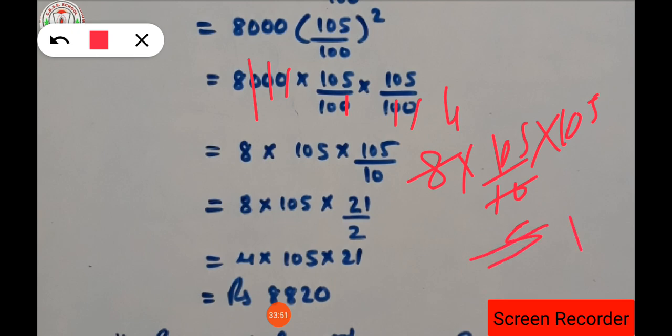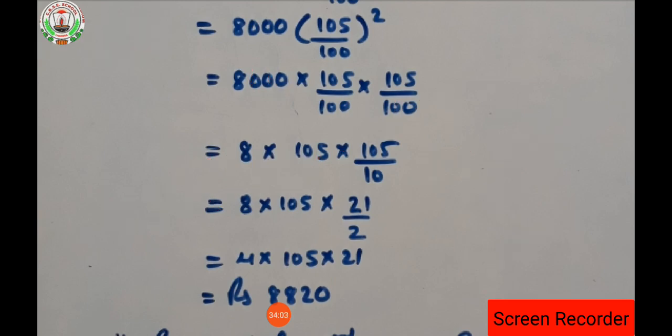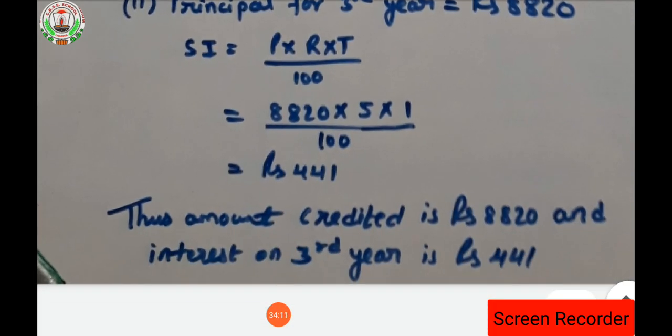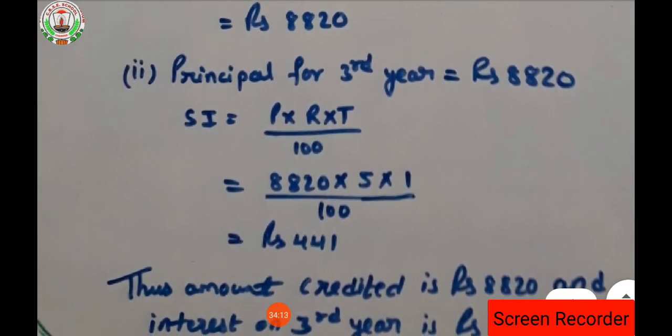Then again 1 is a, and this will be 21. Now 4 into 21 into 105 will be multiplied. So how much will it become? It will become 8,820 rupees.